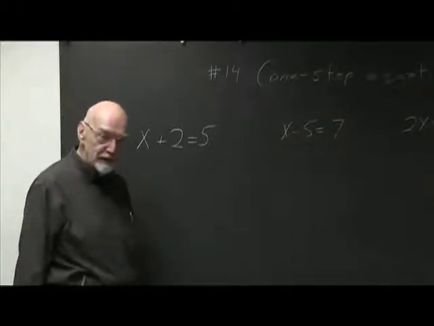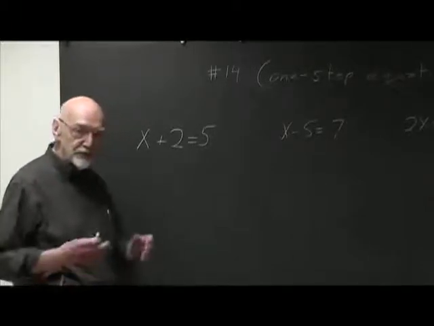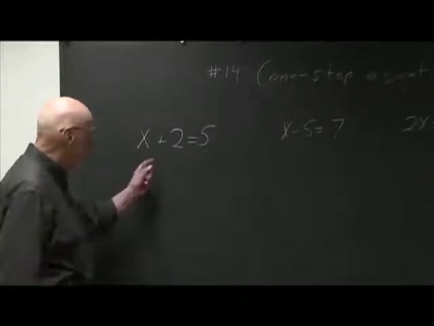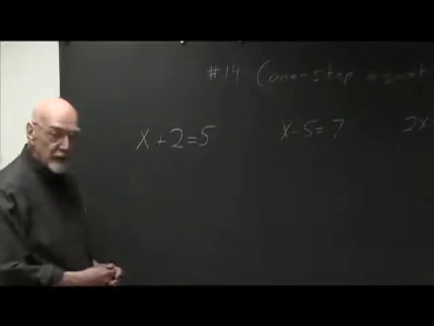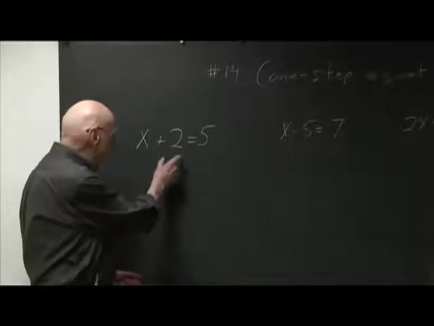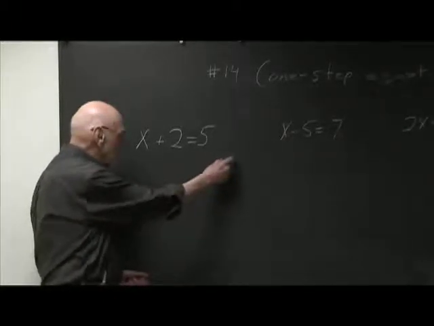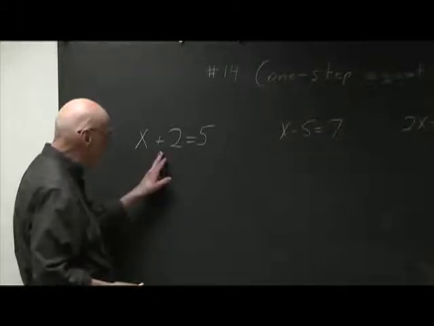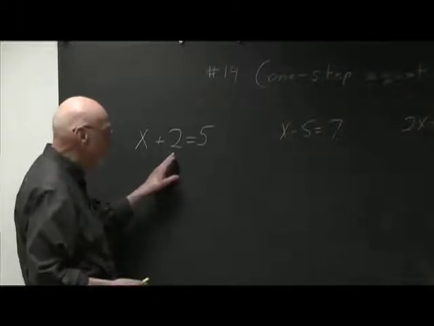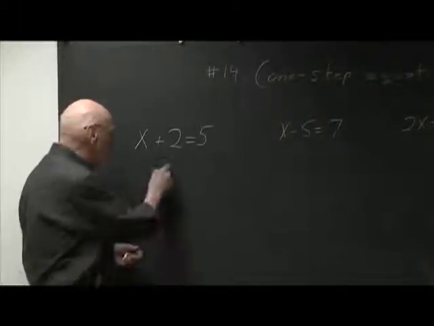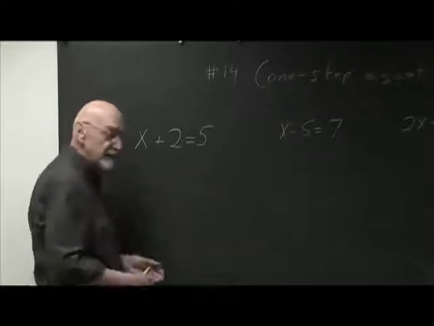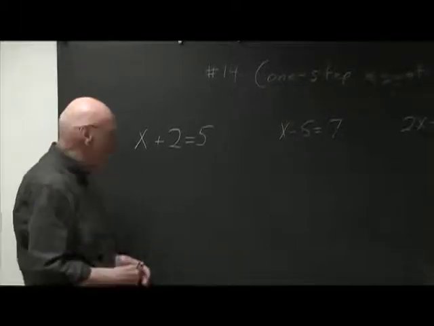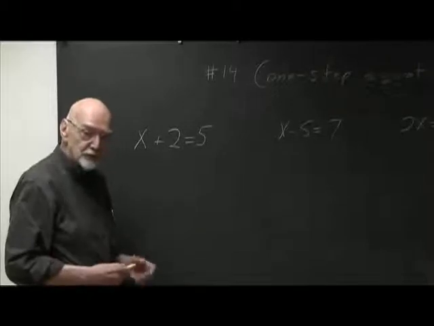The easiest thing for a lot of students is this approach, to say we're going to do the opposite on both sides of the equation. On this side, it's plus 2. We're going to pick it up and move it to the other side of the equation, where it will become minus 2.